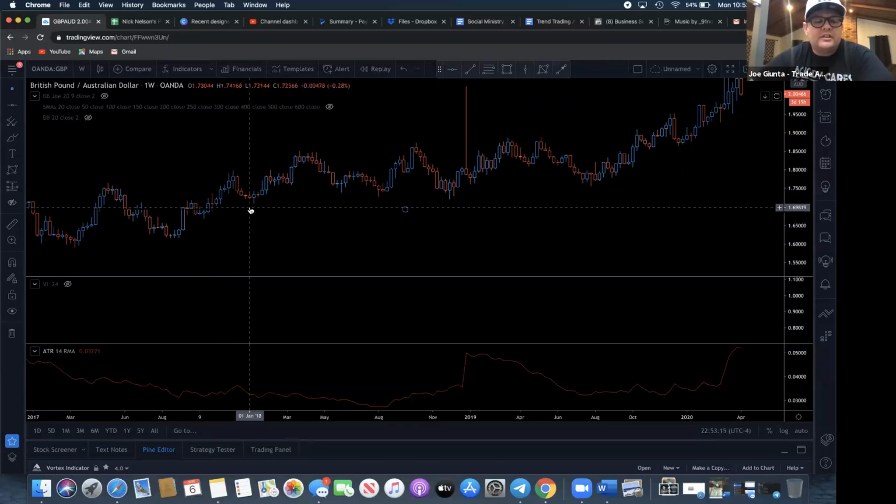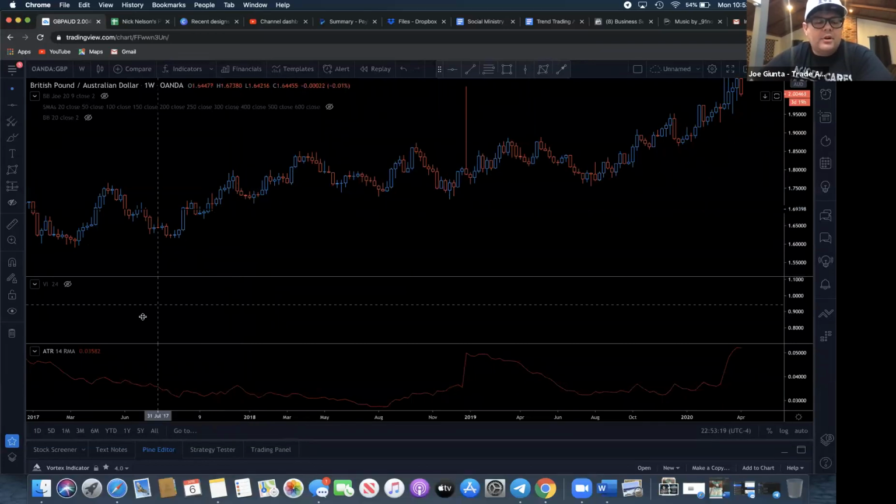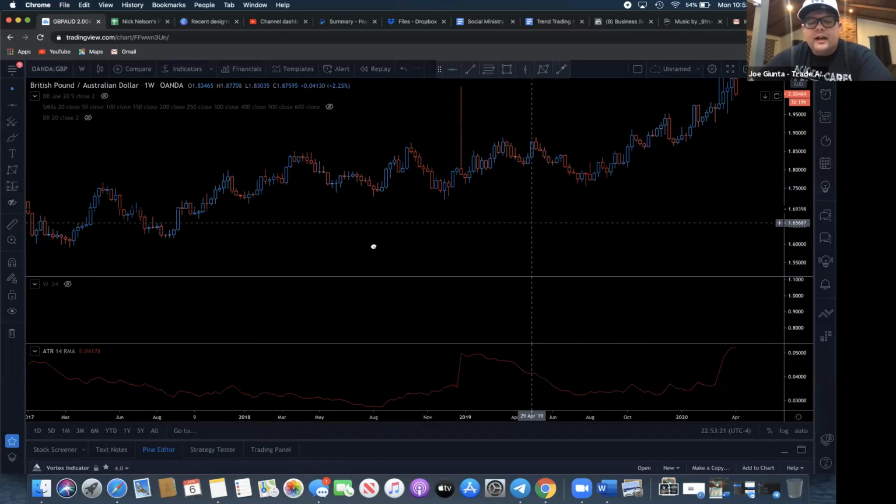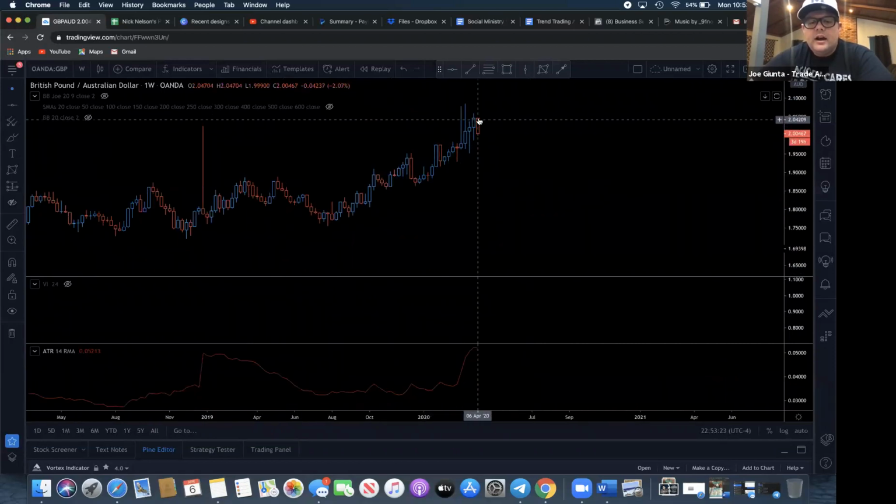Right now, the average number of pips in the last 14 candles on GA on the weekly has been 521 pips. So the average candle is giving us 521 pips in the last 14 weeks.